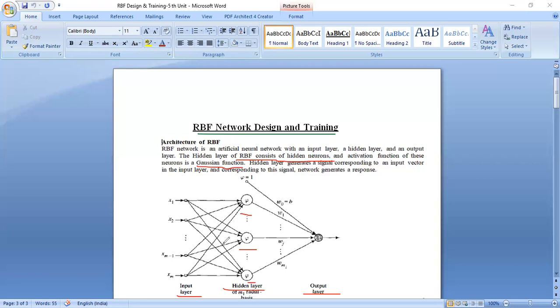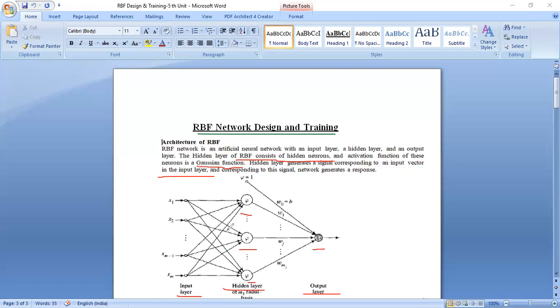The hidden layer generates a signal corresponding to an input vector in the input layer, and it produces the corresponding signal to the output layer. The output layer in this network has only one node, or one neuron.